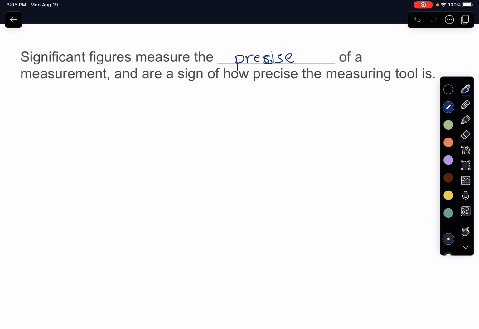So, for example, if I have these two measurements, 14 milliliters versus 14.72 milliliters, if I am comparing those two measurements with each other, you can see they're both measuring about the same volume. There's not really much of an actual difference between 14 and 14.72. However, the measurement on the right has more significant figures.